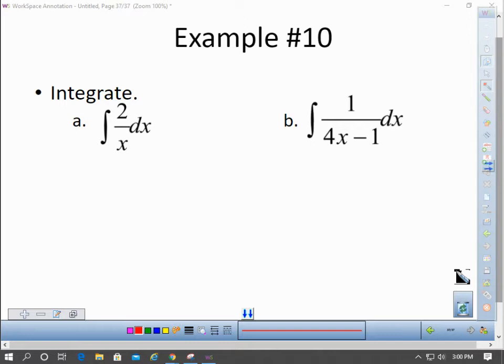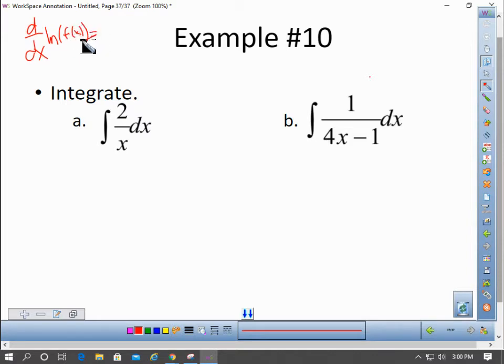All right, so in order to integrate natural log, remember the derivative of natural log of some function is f prime over f. So the question is, can you integrate f prime over f?